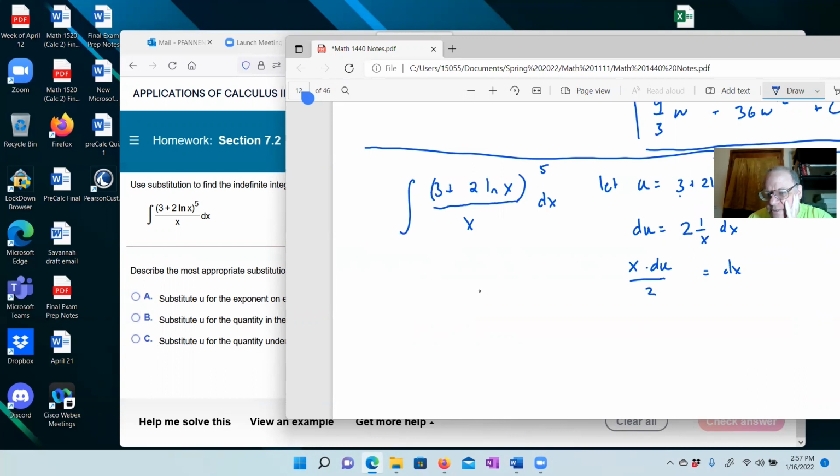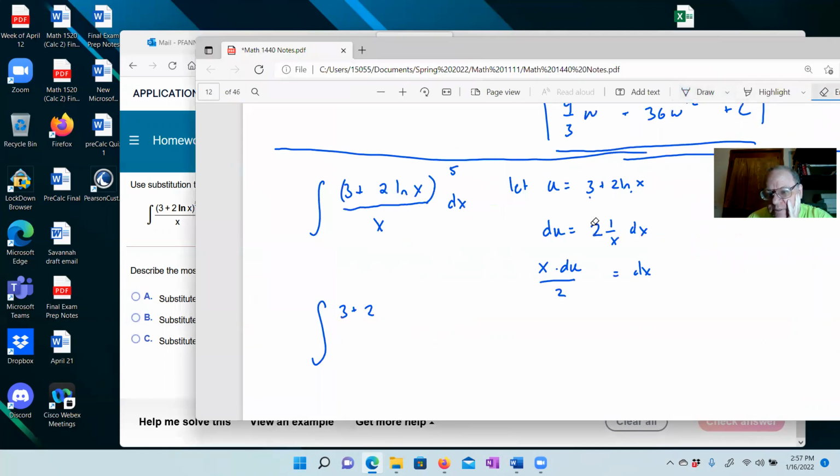That's my dx, so I'm just going to substitute where I can. This is 3 + 2 ln x, which is u. So we have u to the 5th, divided by x, and my dx is x du over 2.